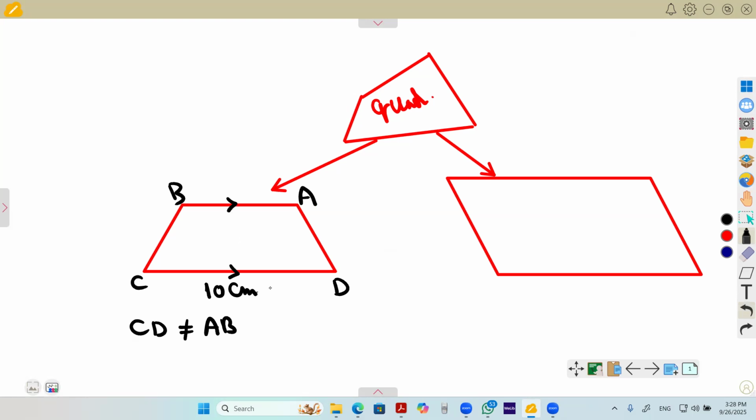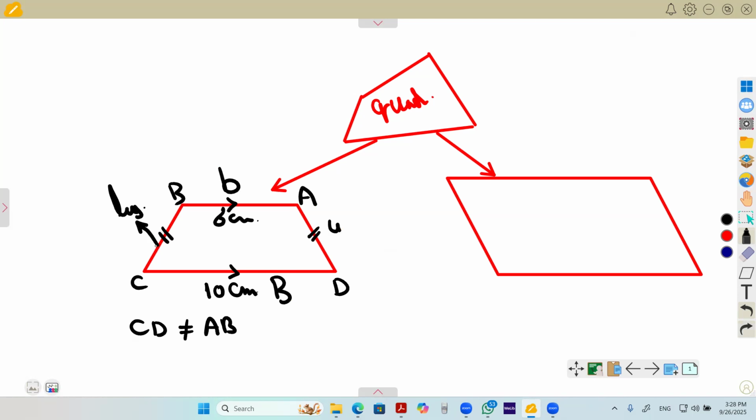Imagine that AB, the small base, is 6 centimeters. The other two sides are called two legs. Maybe the two legs are equal in length, 7 and 7, or 4 and 4.